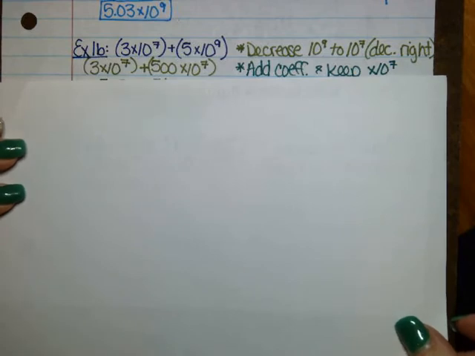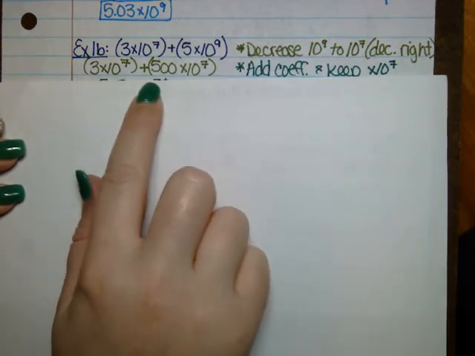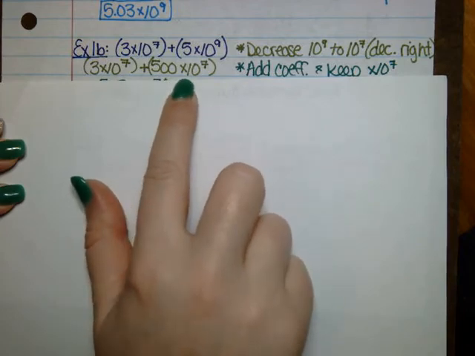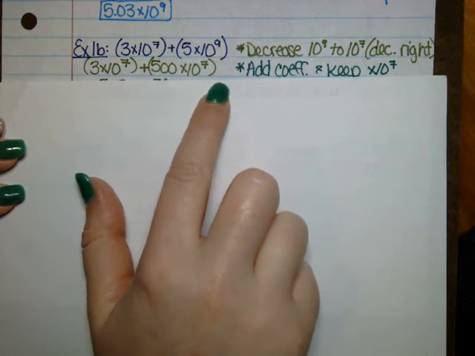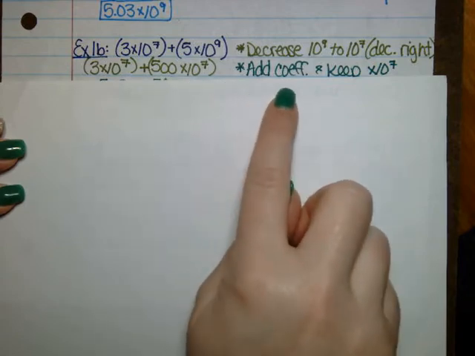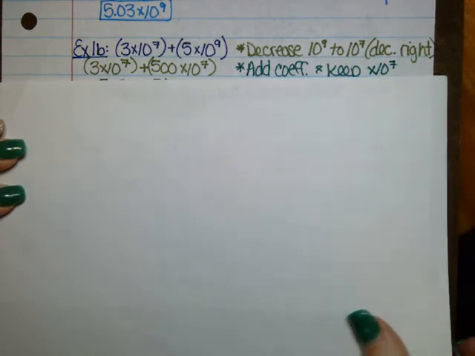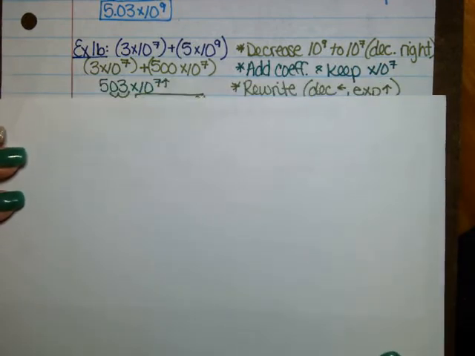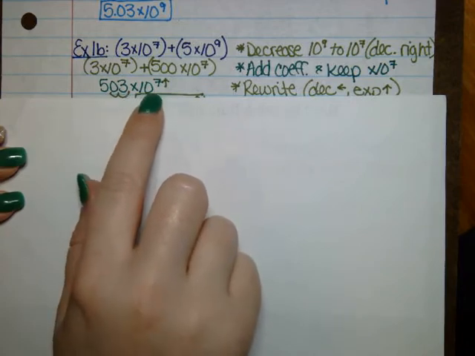So when I rewrite it, I get 3 times 10 to the 7th, nothing changed there, plus 500 times 10 to the 7th, because I had to move it 2 places to the right. So again, I'm going to add my coefficients and keep that common power that I just created. So I would end up with 503 times 10 to the 7th.